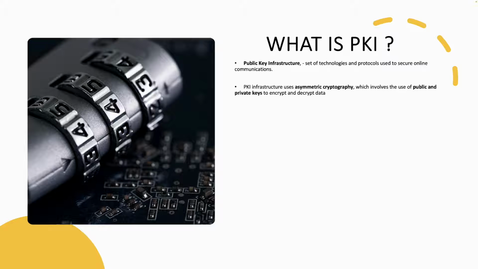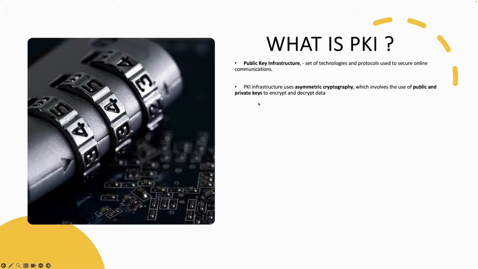So PKI is based on asymmetric cryptography. Now you can imagine why we studied asymmetric cryptography, right? Because if we hadn't studied it, we wouldn't have understood the importance of PKI or how PKI works. And by now, I think everybody who's watching this video can raise their hand and say, I know asymmetric cryptography.